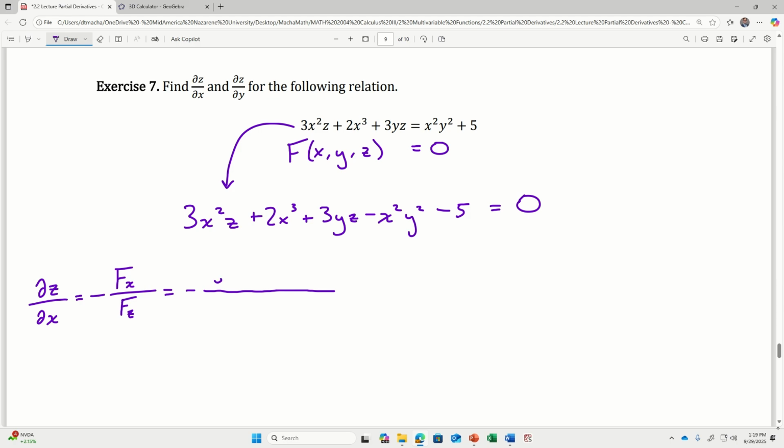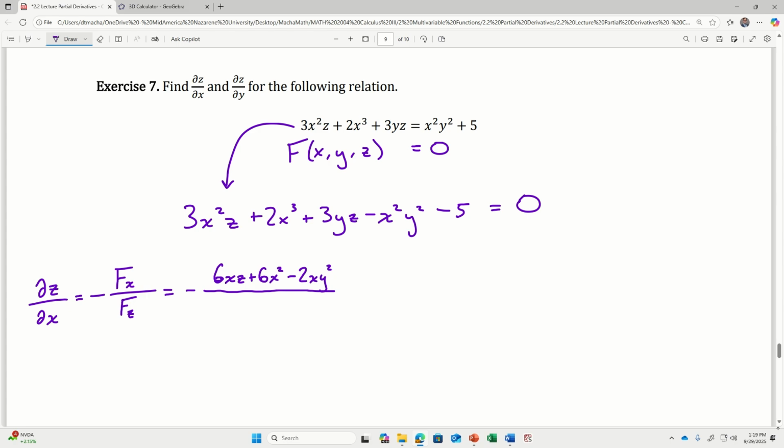Yep, 6xz. Yeah, that's a squared, that's not a z.